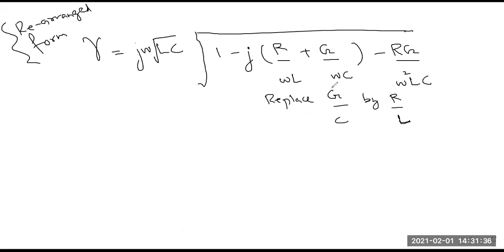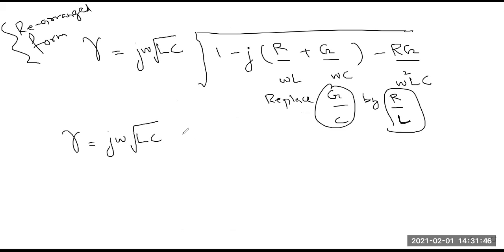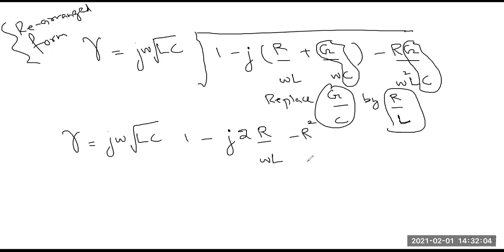Wherever I have G by C, I can replace it by R by L. So what will happen to this expression? This G by C becomes R by L, so you get 2 times R divided by omega L. Similarly, in place of G by C in the last term, you put R by L, so you get minus R square divided by omega square L square under the root.